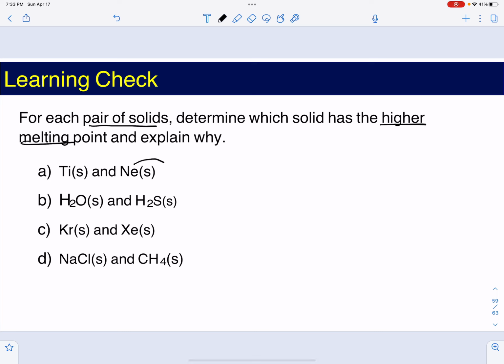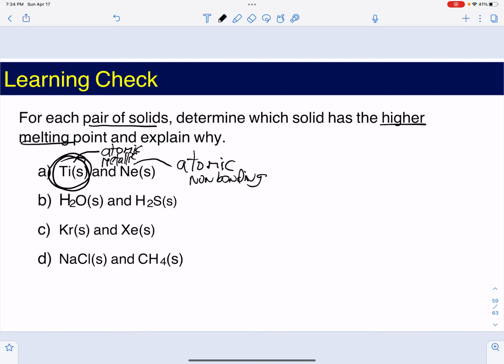This is gonna be an atomic solid, a noble gas. And this one is gonna be a metal, so atomic also, but metallic versus non-bonding. Non-bonding should tell you that it's very weak. So the higher melting point is going to be the metallic.